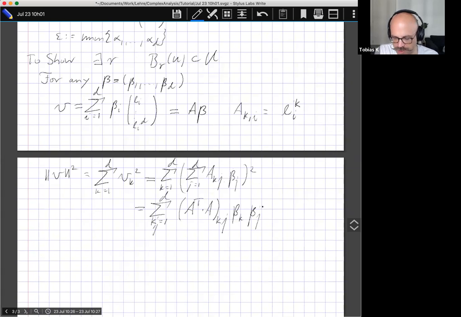So I get the following quadratic form. Now I notice that A transposed A is a symmetric matrix, and hence it can be diagonalized.